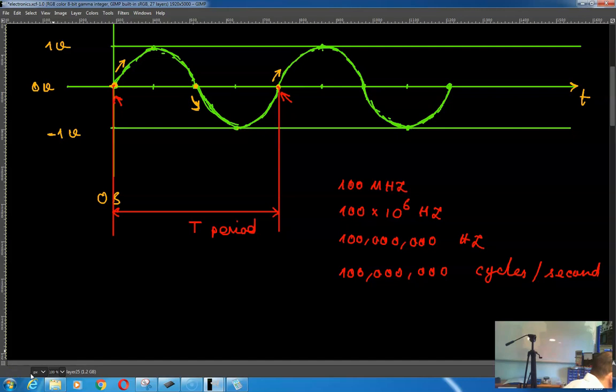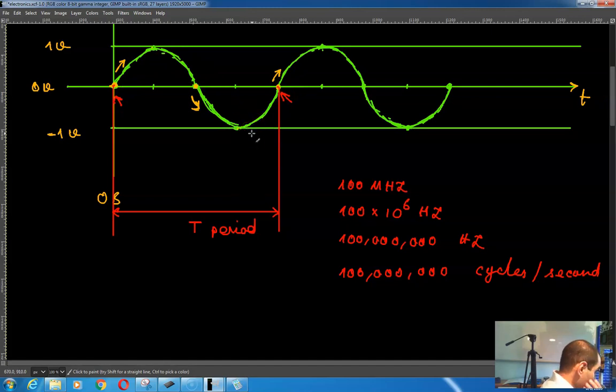Okay, so I said that I would show you how you can calculate your frequency from your period. Your period is the amount of time it takes for one complete cycle to occur, right?